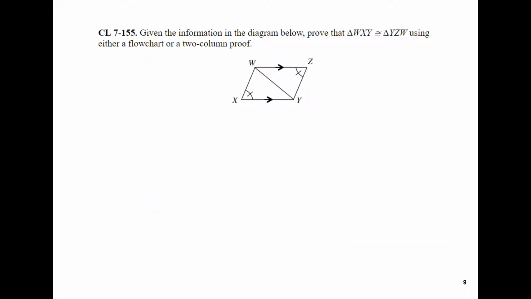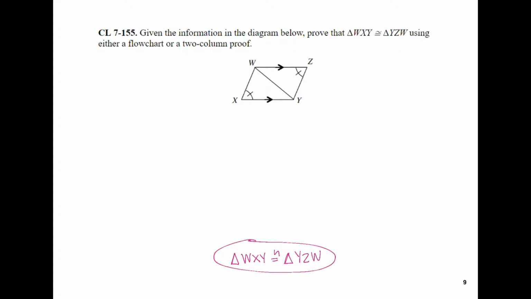Question 7-155 gives us a diagram below and asks us to prove that triangle WXY is congruent to triangle YZW. So I'm going to go ahead and put triangle WXY is congruent to triangle YZW at the bottom.